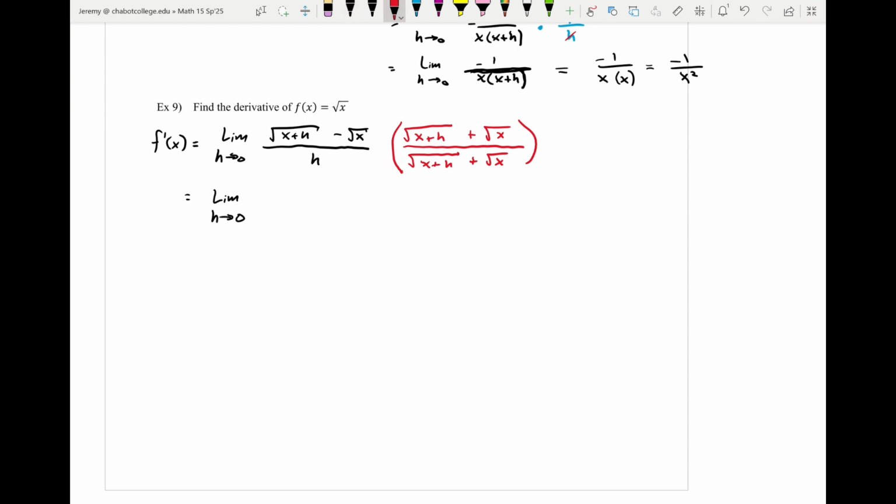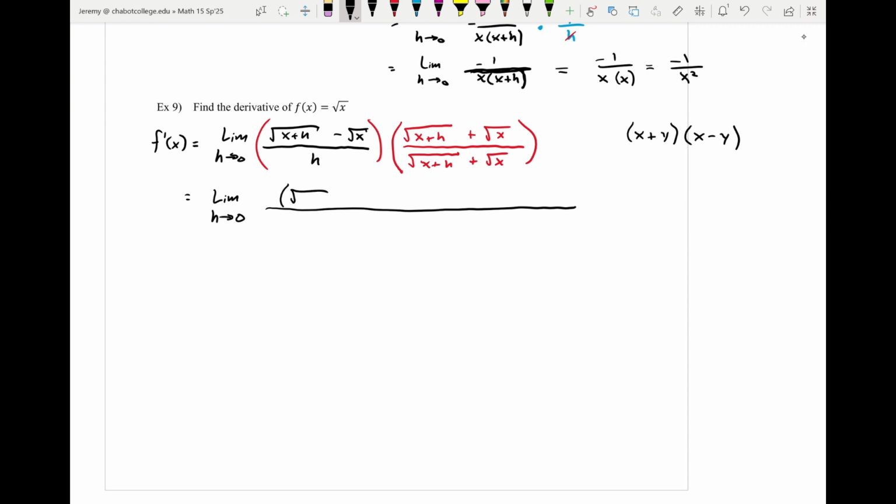Because, okay, we're multiplying these together. And in the numerator, we're technically multiplying two binomials together, right? Like if we were multiplying x plus y times x minus y, how do we multiply this out? Well, we'd have to FOIL it out, or box method, however you like to deal with it. So that's what I'm going to do here. Multiplying the first together, that's going to be root x plus h times root x plus h.